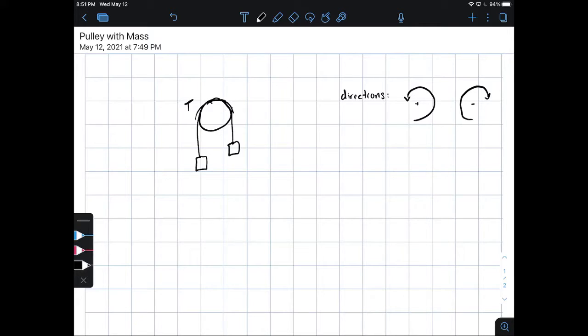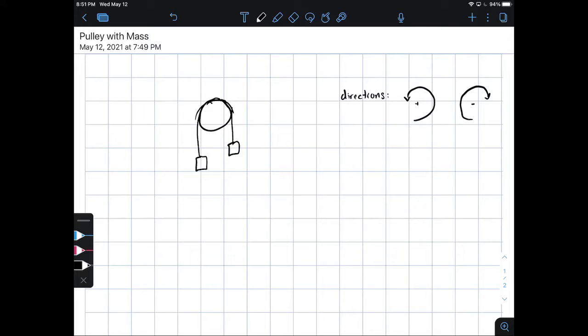Now, let's say we add mass to this. The whole thing with a massful pulley is that now torque can be applied to it. And if you have an equal torque, there's going to be zero angular acceleration.